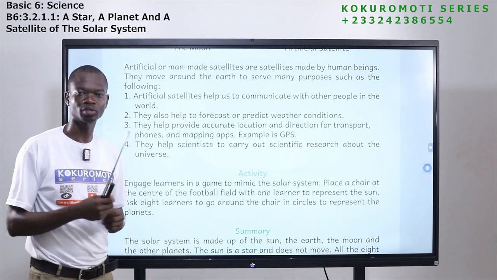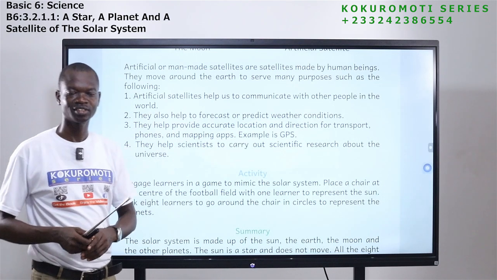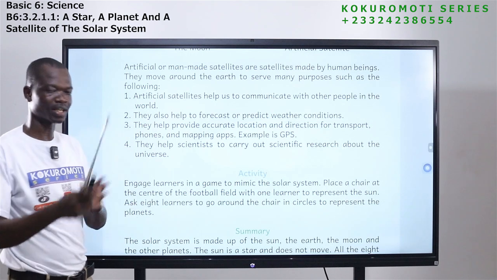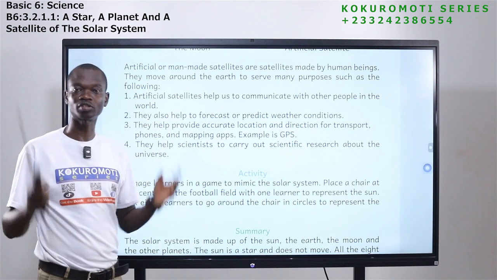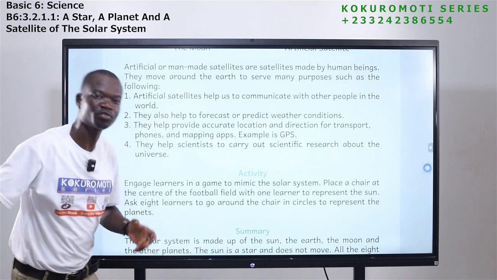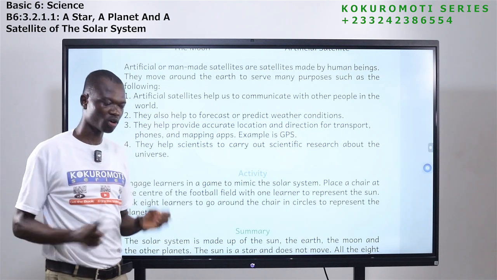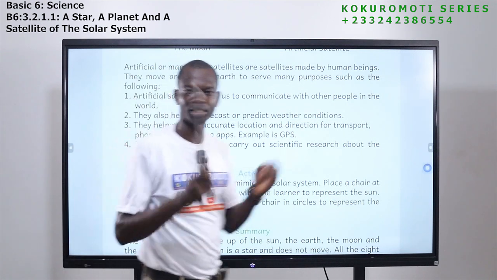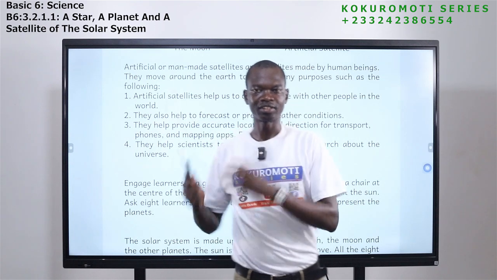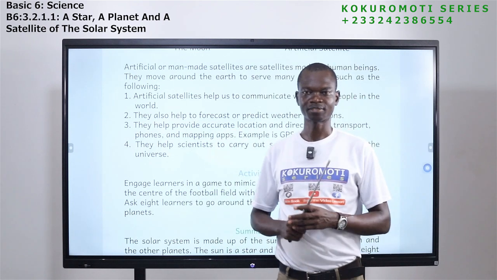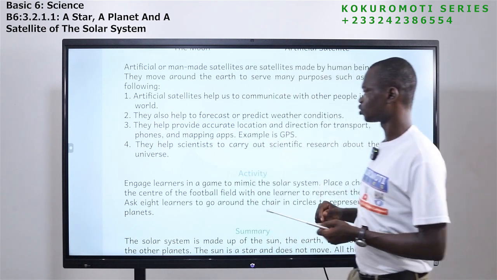Location. So if you are going to a place, you are using GPS. The GPS will direct you, pass here, don't pass here. It's because of the satellite. The satellite moves around the Earth, so it picks all the information it can pick from the Earth. So that is one thing that you should know.